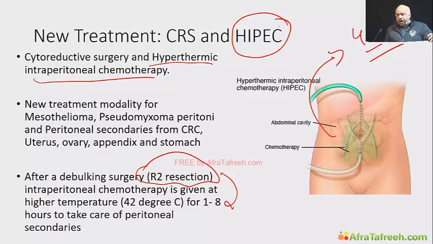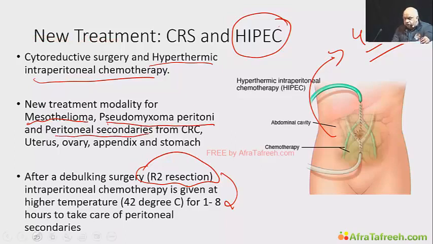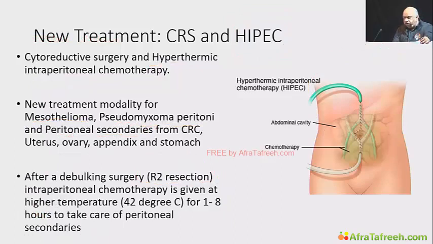HIPEC is only for peritoneum, not for cancers of the bowel itself. Mesothelioma, pseudomyxoma peritonei, or peritoneal secondaries. First you do surgery, excise as much as possible, then put chemotherapy in the abdomen at 42 degrees centigrade and leave it there for 2, 3, 4, 6 hours depending on the extent. This is called HIPEC.